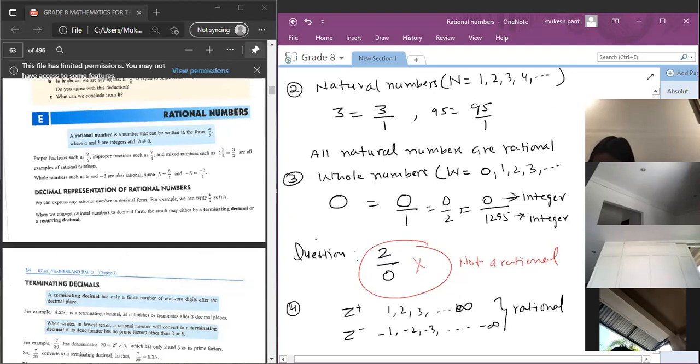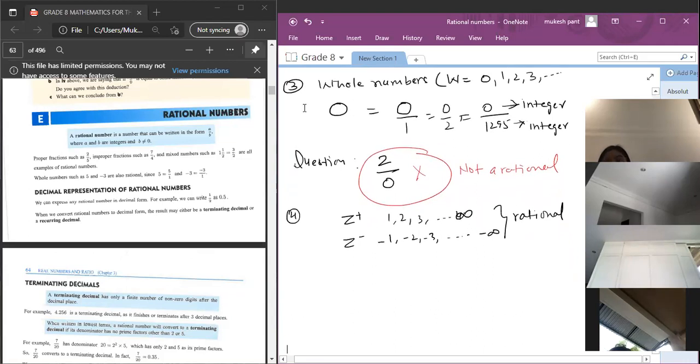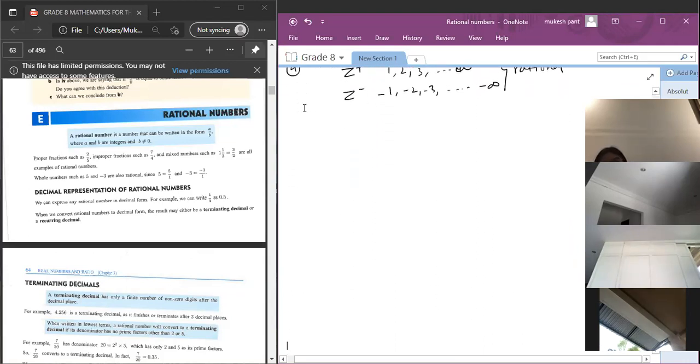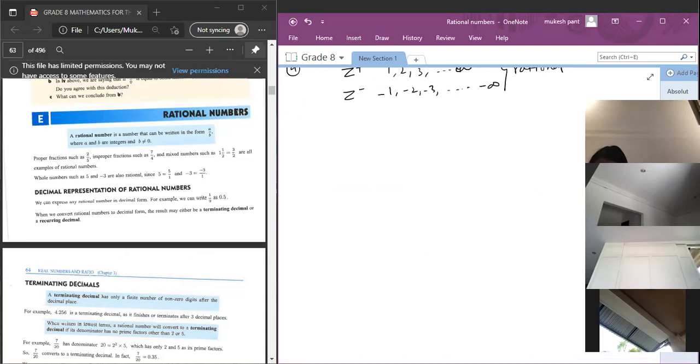Now decimals are important. This is what we were discussing in the beginning. Simultaneously, you need to note down so that we can continue our lecture. This is the theoretical portion of rational numbers, which you must know.